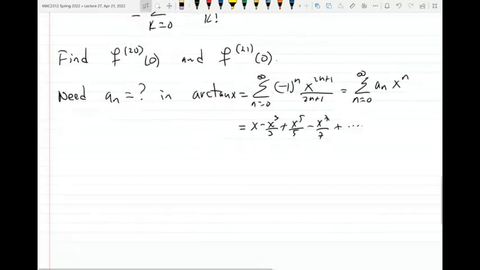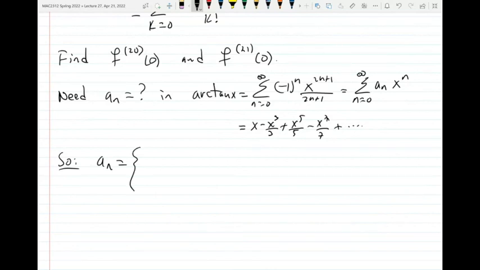So a_n is equal to the following. It's going to be 0 if n is even, and when n is odd, it's going to be equal to 1 over n for sure, right? Now we just have to figure out what happens. Sometimes it's positive, sometimes it's negative.